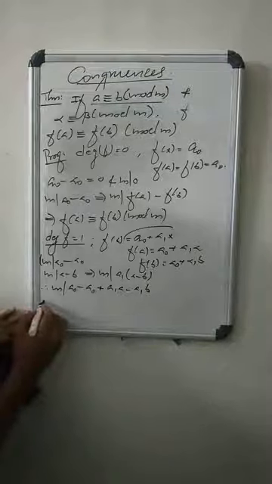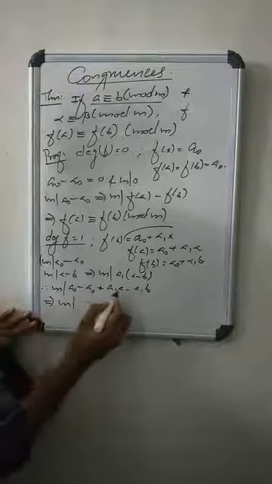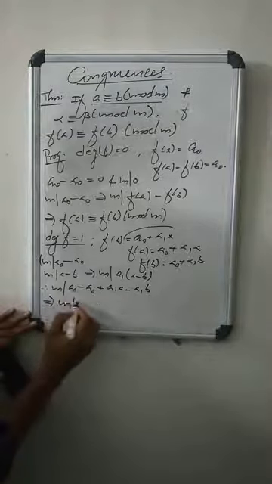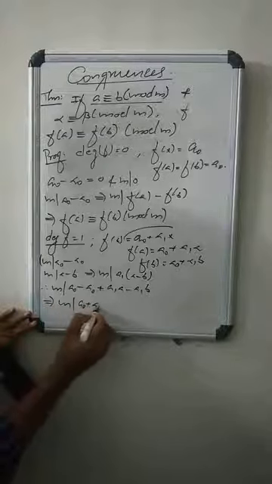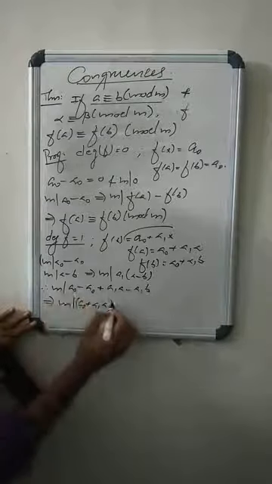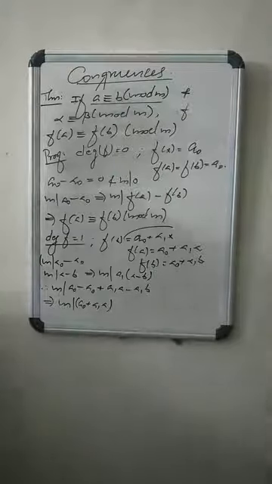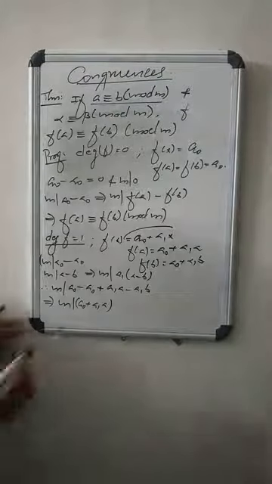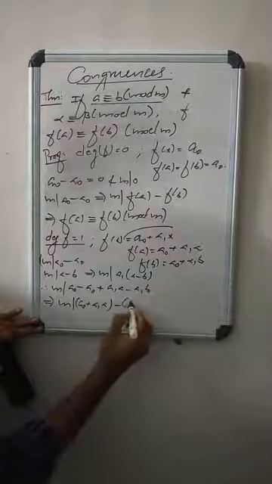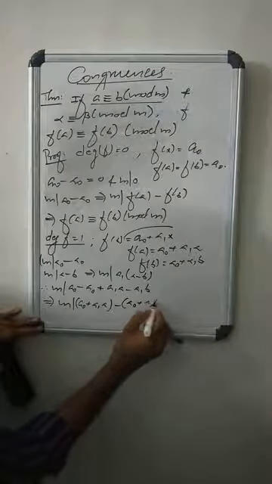That means m divides a0 plus a1a minus a0 plus a1b.